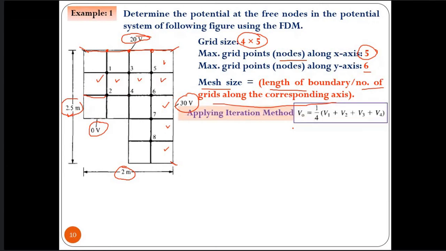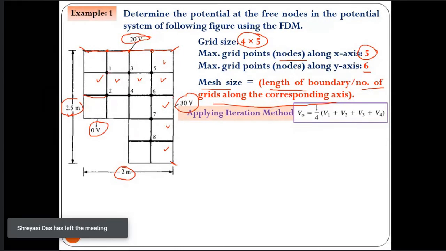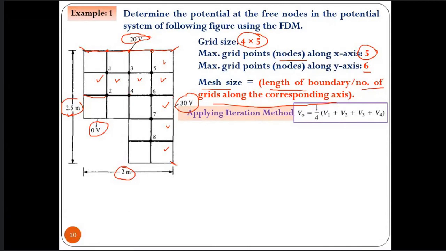Now first we will consider the iteration method to calculate the potential at all the free nodes. All the free nodes are marked by numbers 1, 2, 3, 4. You can number them as per your choice, there is no problem. So it's 1, 2, 3, 4, 5, 6, 7, 8 in that way.